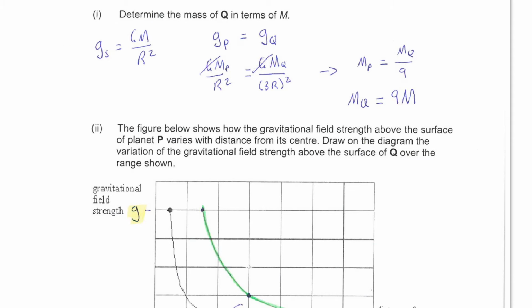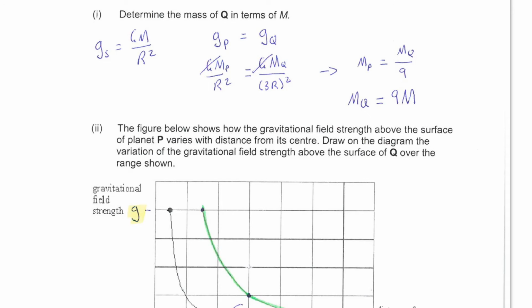So here we have that the gravitational field strength at the surface is the gravitational constant times the mass of the planet, in this case, divided by the radius squared. So stating that the two field strengths are equal, and then using symbols to denote the variables in each case, we can substitute into the general equation of GM divided by r squared.